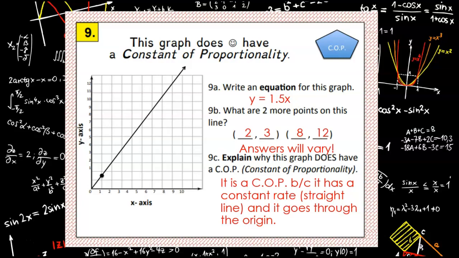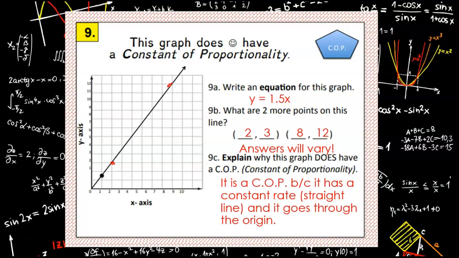Okay, so 2, 3 is one point here on the graph. And then 8, 12. Those are kind of hard to see there, isn't it? Let's see.